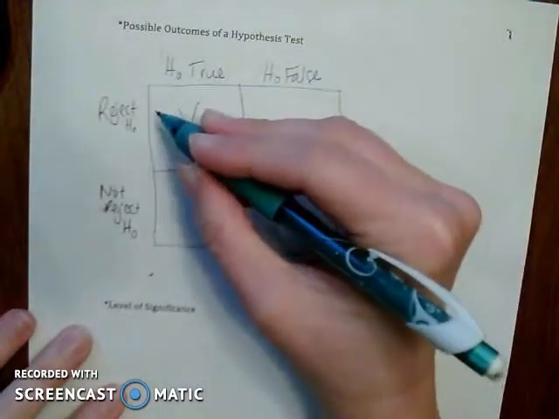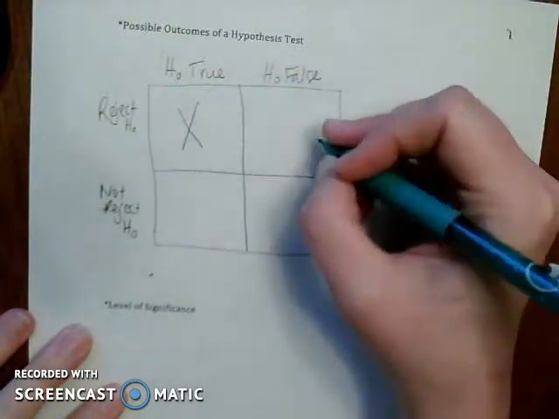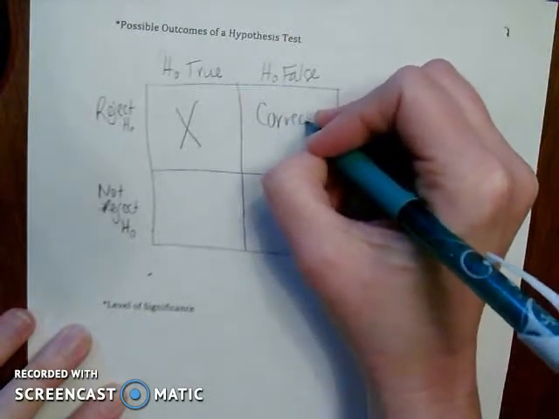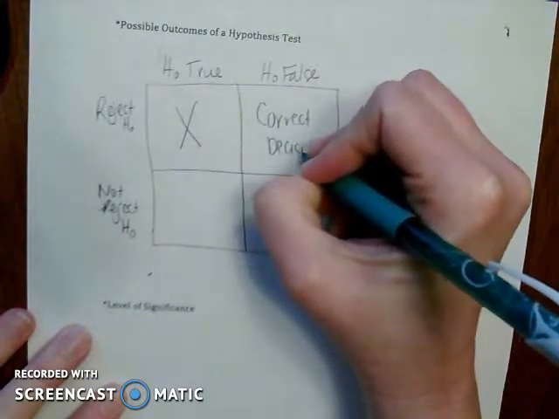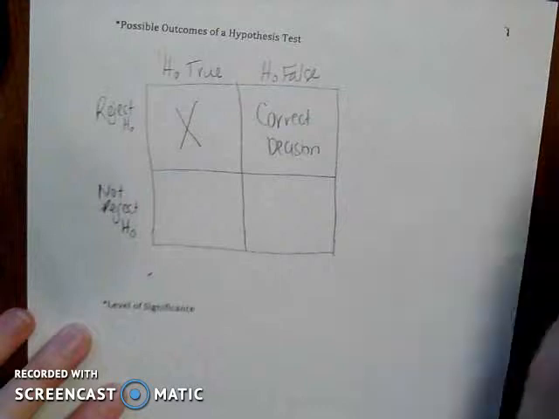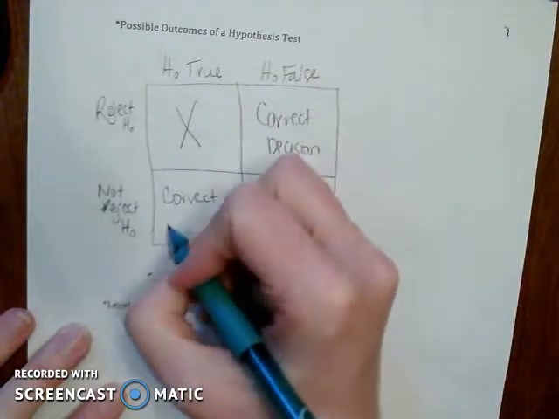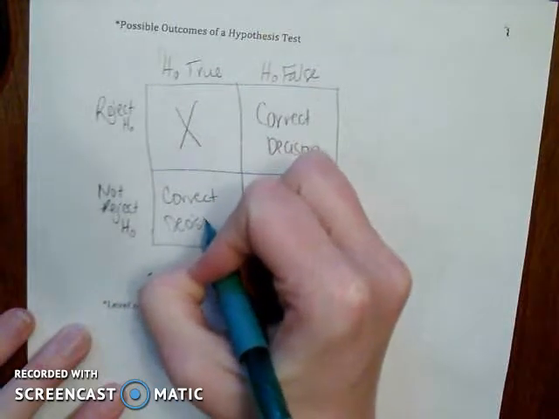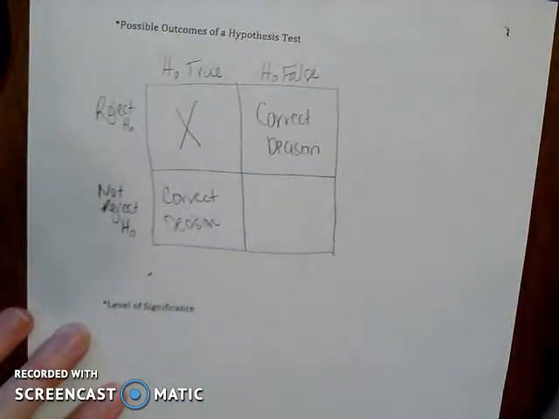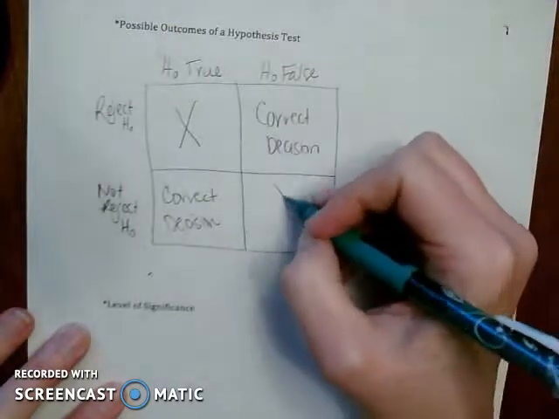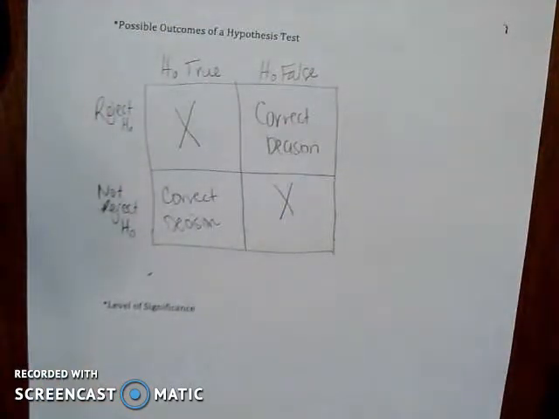If it's false and we reject it, that's a good thing. Okay. If it's true and we don't reject it, that's also a good thing. And then if it's false but we don't reject it, that's a bad thing.